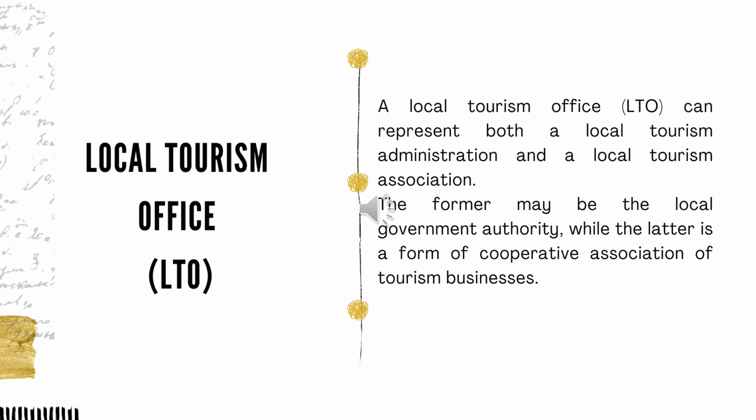Next we have the local tourism office. It can represent both a local tourism administration and a local tourism association. The former may be the local government authority, while the latter is a form of cooperative association of tourism businesses. This is more on the LGU side, the local government unit.